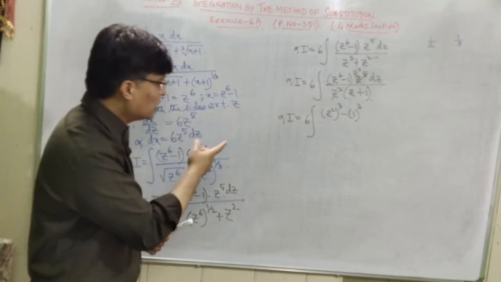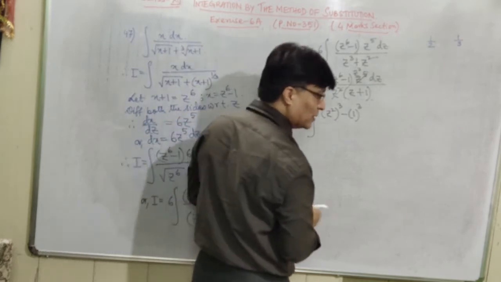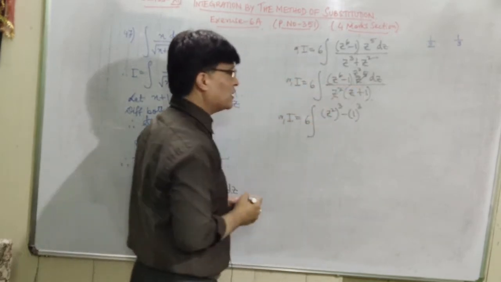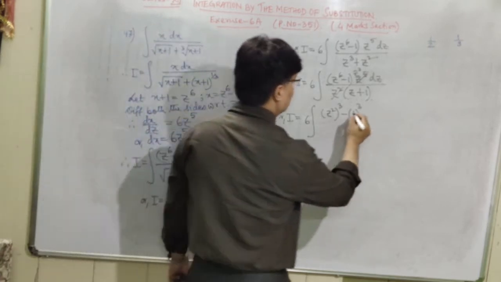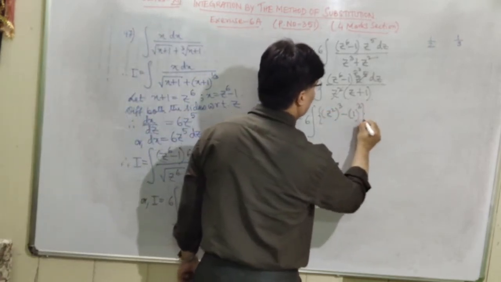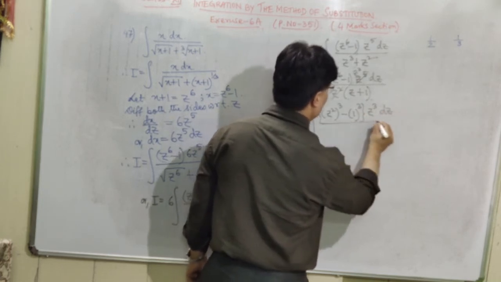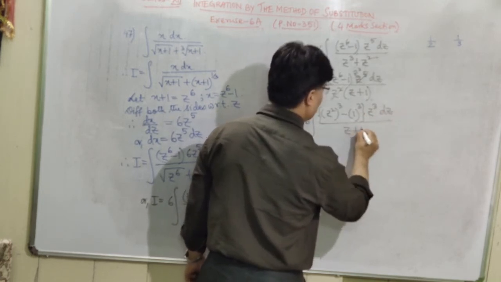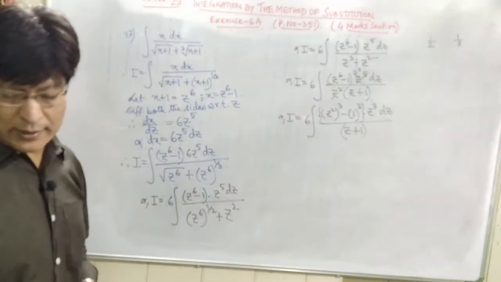Z square whole cube, that is your z to the power 6, minus 1 whole cube is 1. So this z to the power 6 minus 1 is converted into a cube minus b cube form. Then let us put it within bracket. Then we have here z cube dz. So whole divided by, this is your z plus 1. Let us keep it within bracket. This is your z plus 1, right?